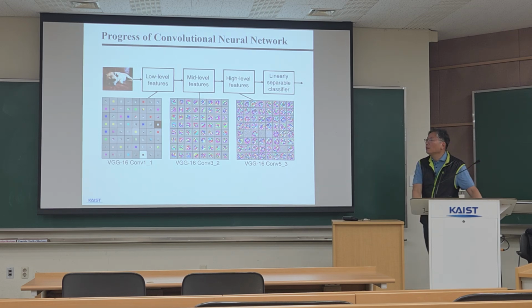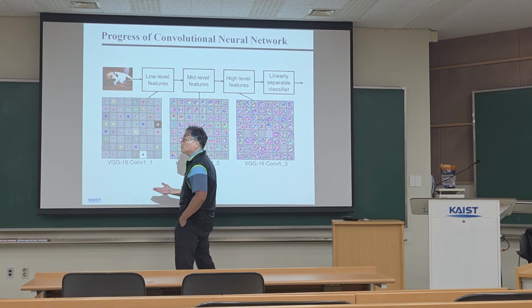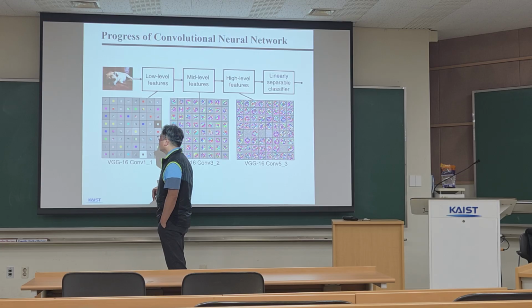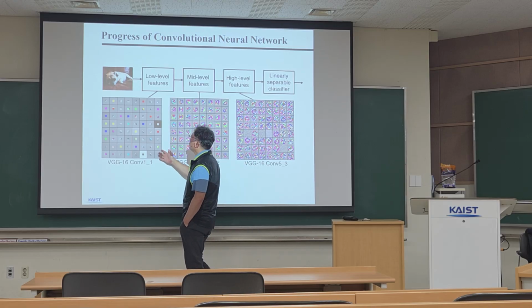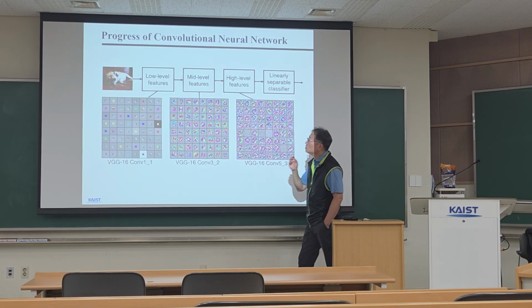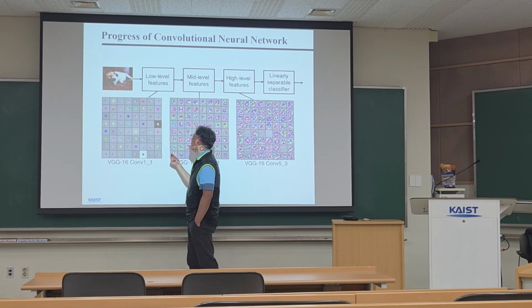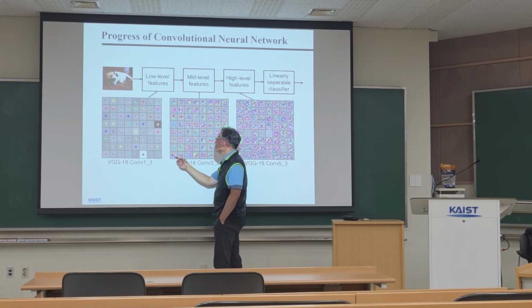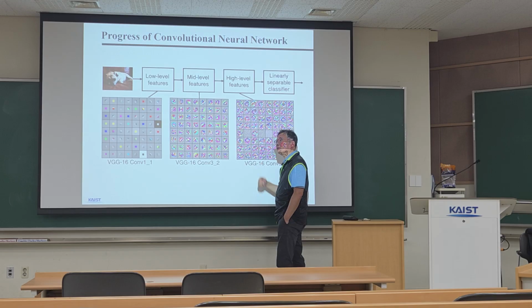Here is a dog, and this is a particular classifier, and this is the output. This would be low-level features, mid-level features, high-level features. These local features are combined to give you higher mid-level features and so forth.